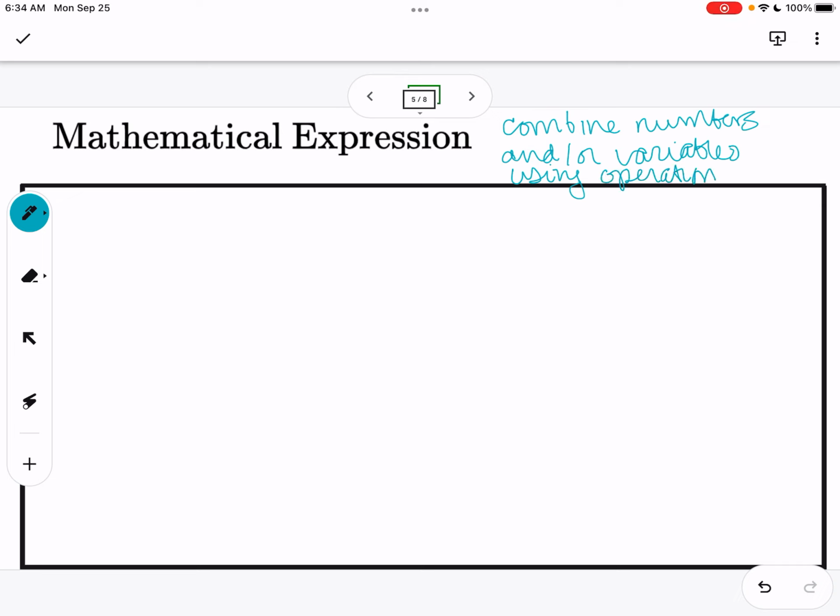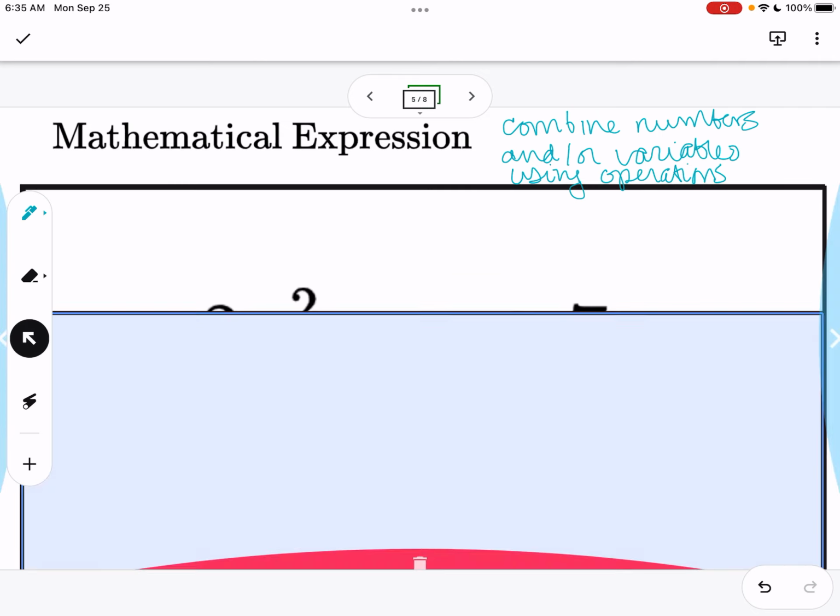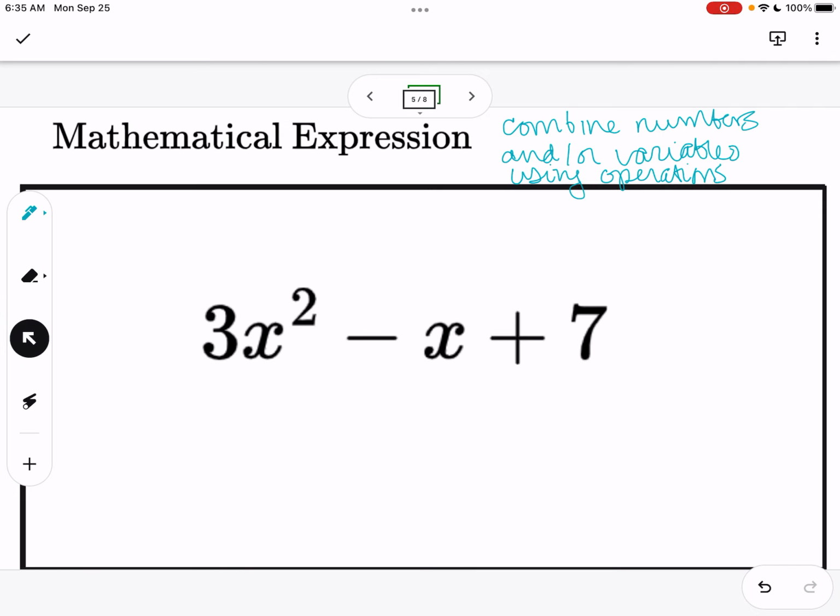Right? And what are our operations? That's addition, subtraction, multiplication, division, exponents. So here's an example of a mathematical expression. 3x squared minus x plus 7.